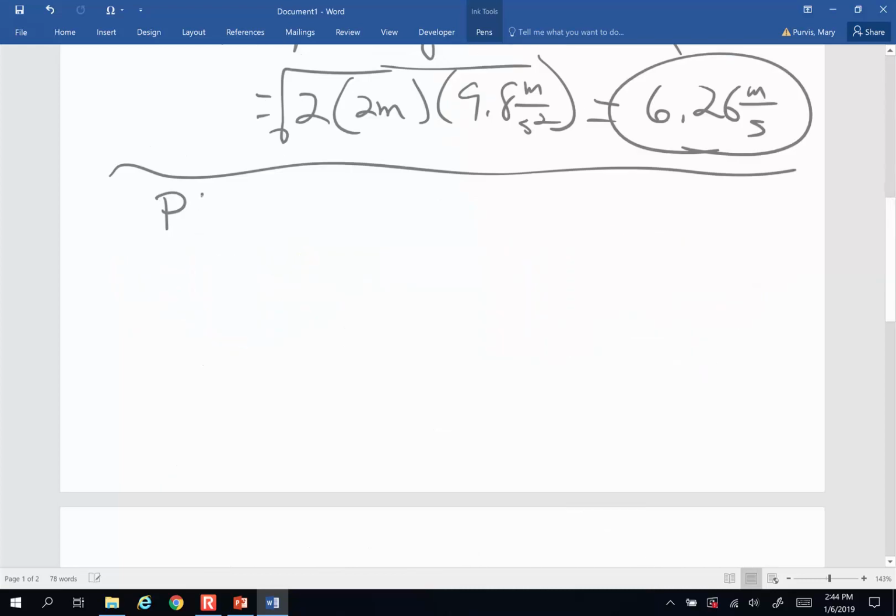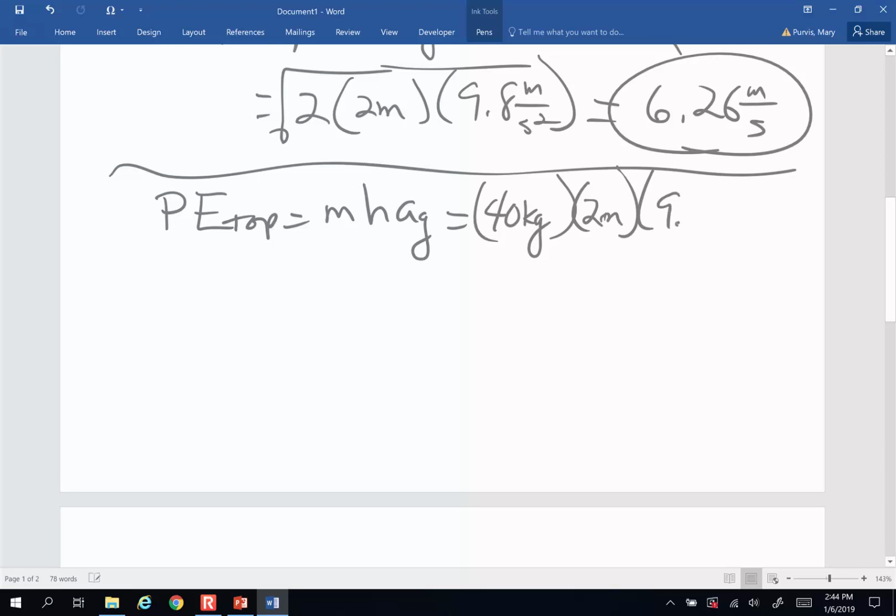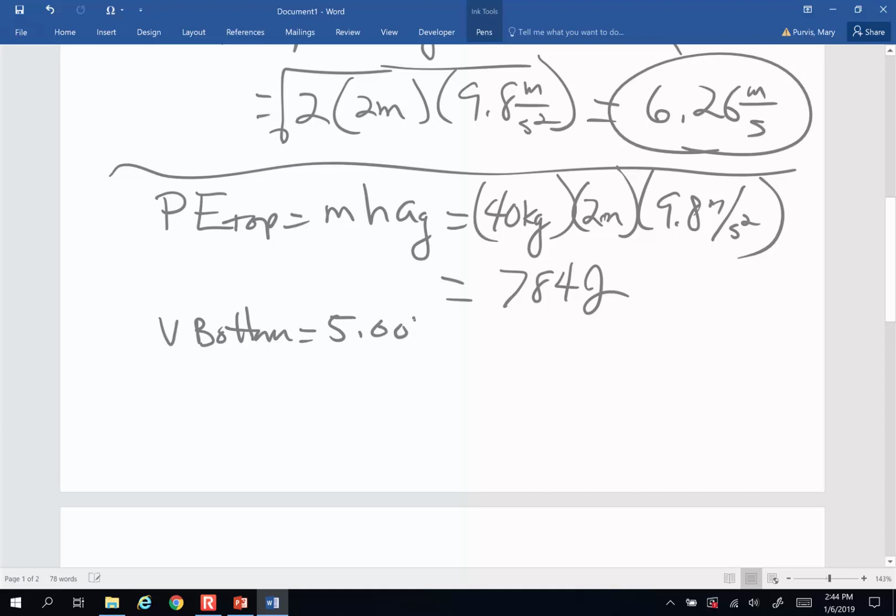So the potential energy at the top would be equal to the mass, the height, the acceleration of gravity. So I've got a 40-kilogram child, 2 meters vertical height, 9.8 meters per second squared. So the energy at the top ends up being 784 joules. Now, due to friction, the velocity at the bottom is actually measured to be 5 meters per second.